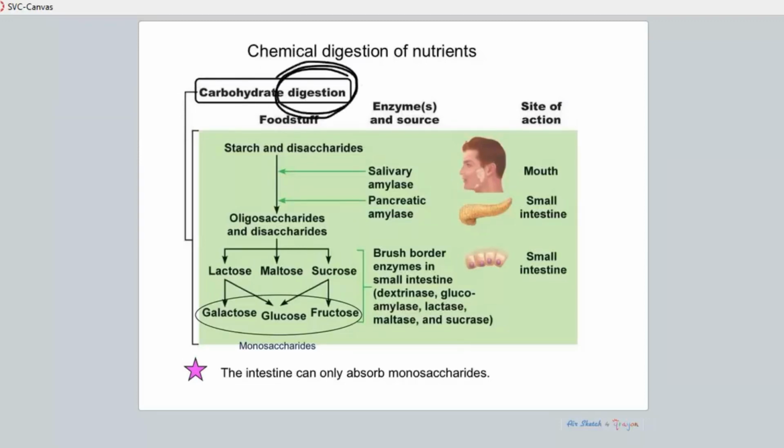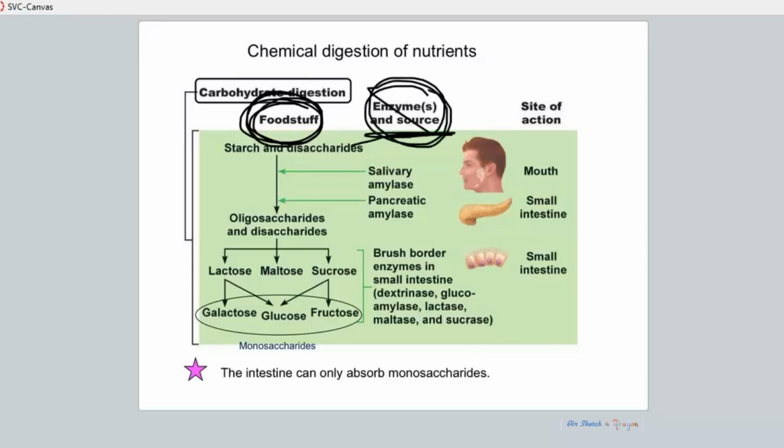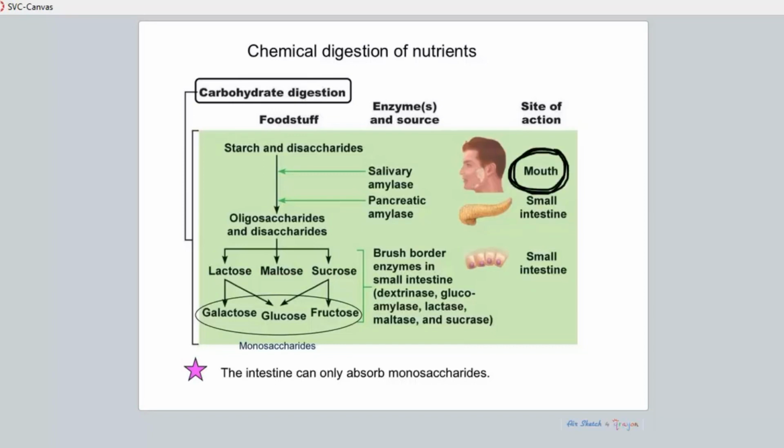Where does carbohydrate digestion begin? It begins up here in the mouth. So here's the way this is organized. This is the food stuff, the nutrient that we're dealing with. These are the enzymes that are going to break them down and where they come from. And this is the site where that breakdown is actually going to occur. The first place that digestion of carbohydrates occurs is in the mouth, via salivary amylase produced by the salivary glands, secreted into the salivary ducts, which make their way into the mouth.